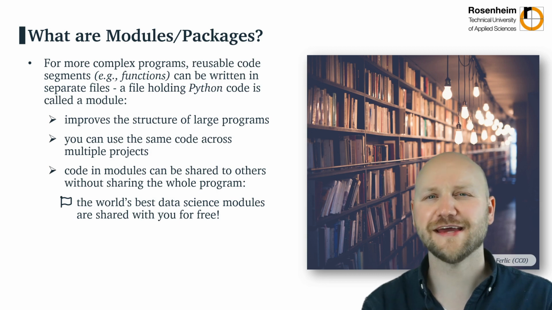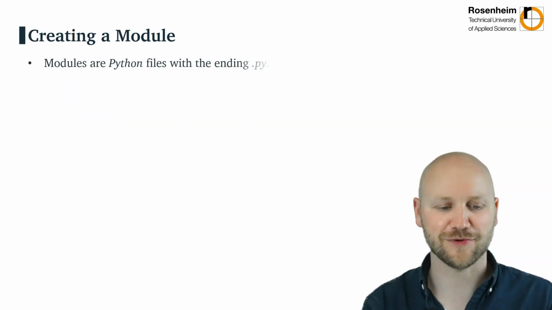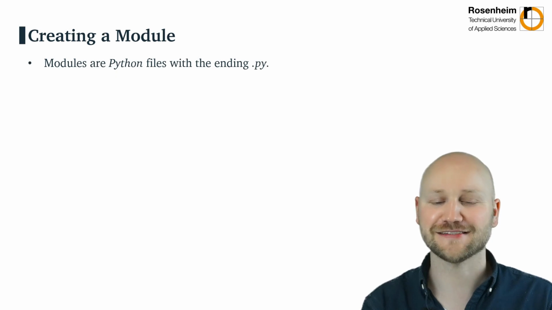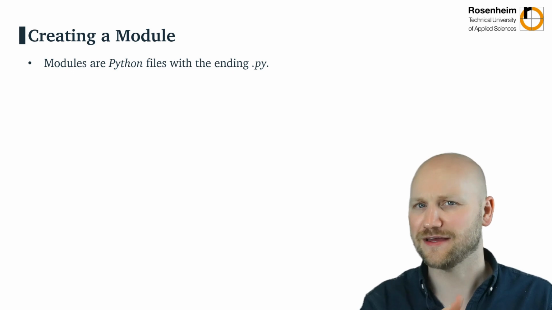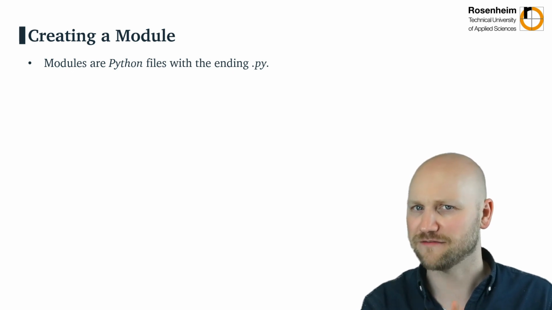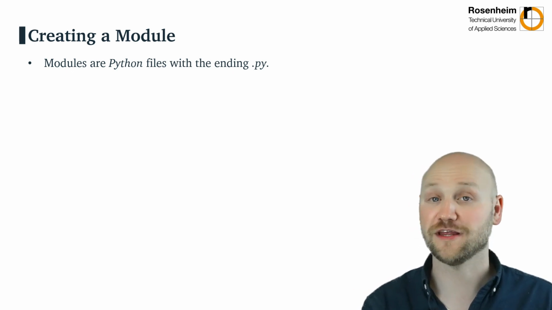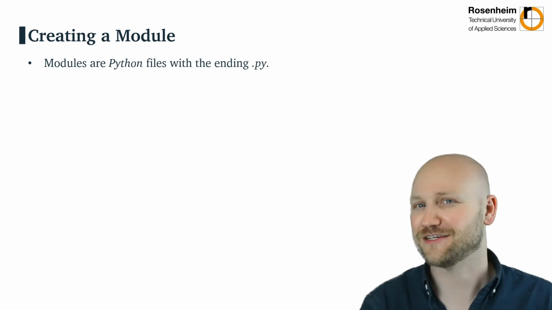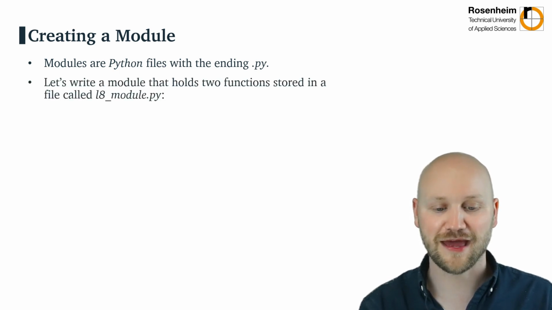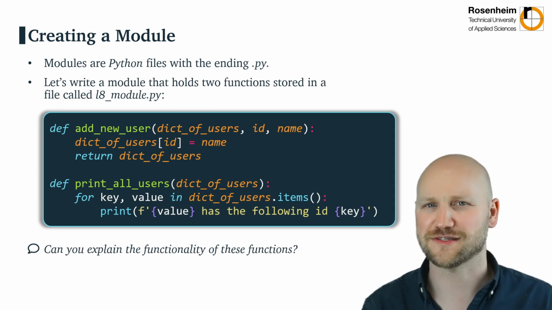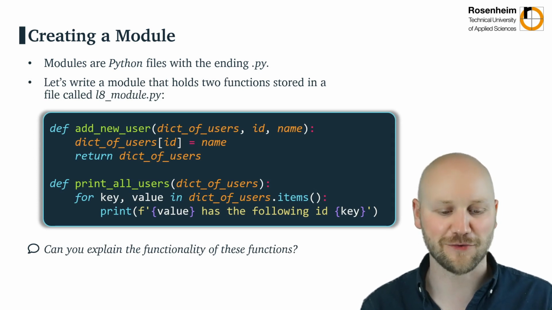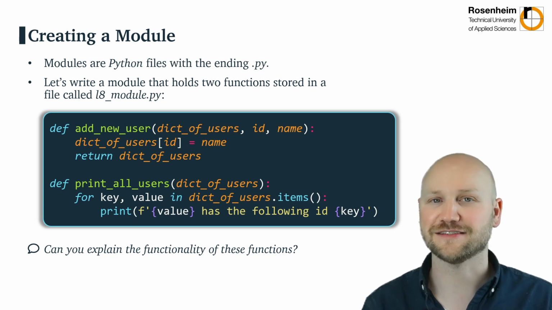So let's create our own module, and we are just doing this in the slides. Modules are Python files that end with .py. In the Jupyter world, we are using interactive Python notebooks, but usually there is a Python file that is just .py. We are opening such a file and writing down the following functions. We learned about functions already, and about dictionaries.